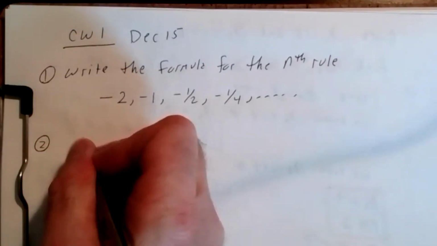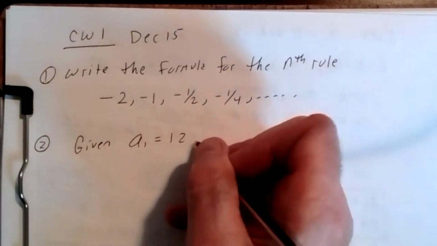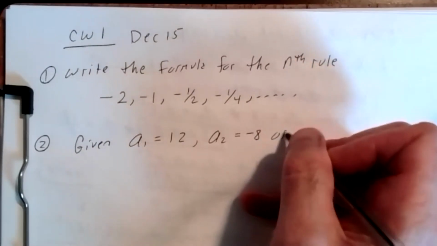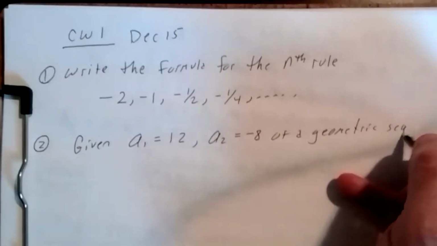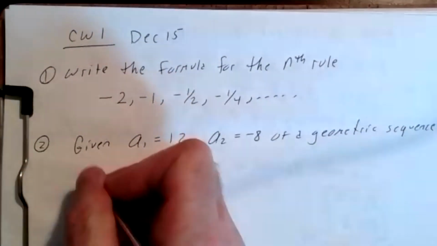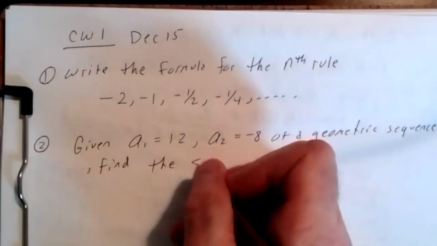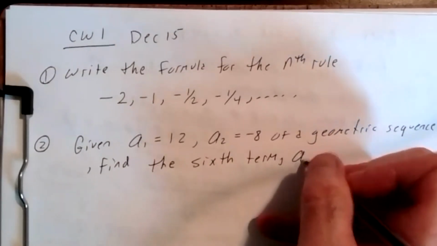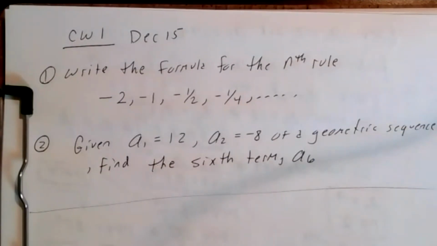Number 2, given the first term of a geometric sequence is 12, given the second term is -8, I want you to find the 6th term. In other words, find a sub 6. Okay, all right, we'll call that classwork number 1, ladies and gentlemen.